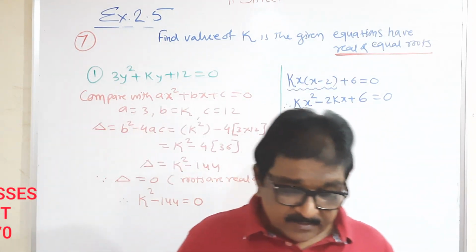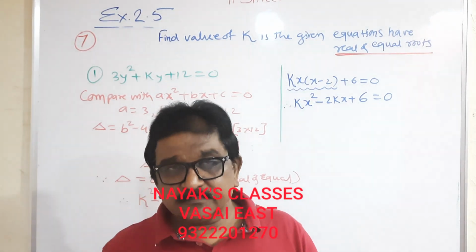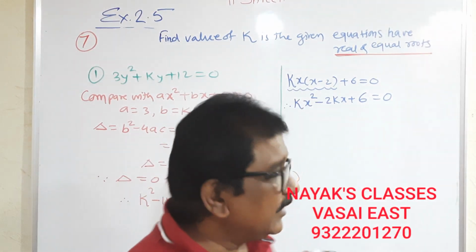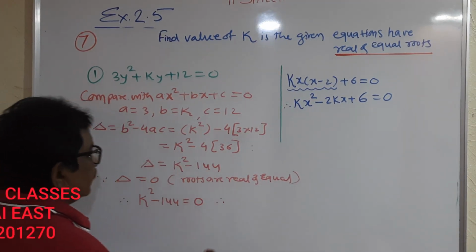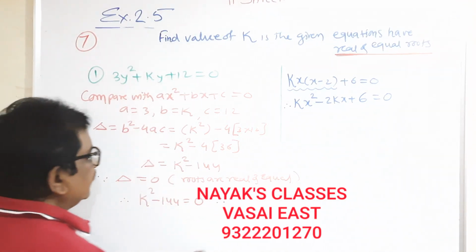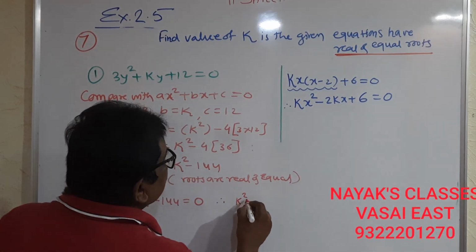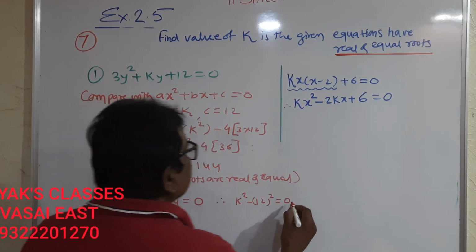It is nothing but our simple formula, a square minus b square. This part was not coming in the camera, so I have solved it again. K square minus 12 square is equal to 0.